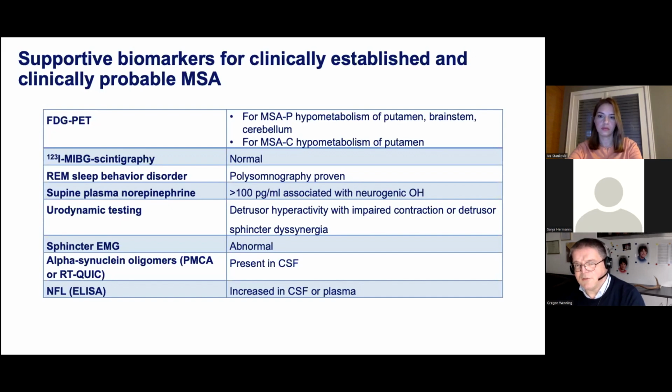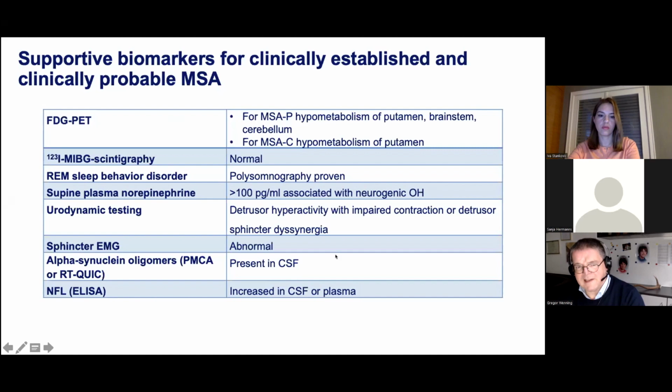Urodynamic testing, detrusor hyperactivity with impaired contraction or detrusor sphincter dyssynergia are typical patterns seen on urodynamic studies. An abnormal sphincter EMG and more recent data suggest that PMCA or RT-QuIC of alpha-synuclein oligomers shows their presence in CSF, and there's a suggestion that these oligomers have different conformations compared to Lewy body disorders.